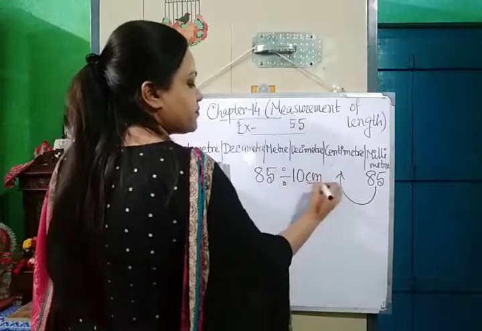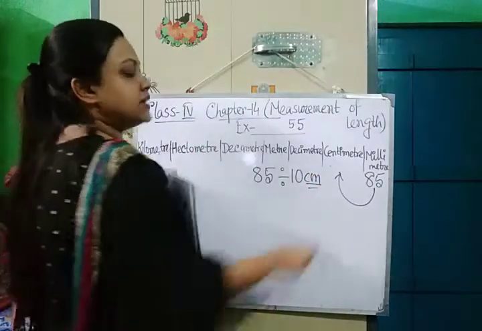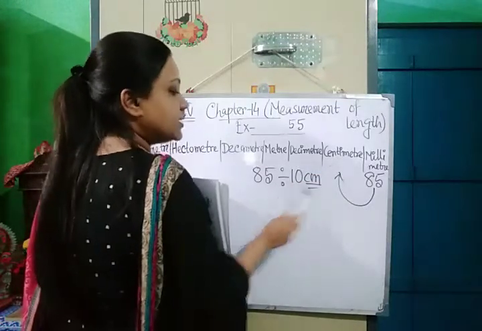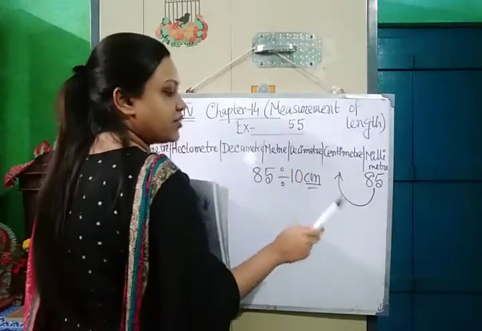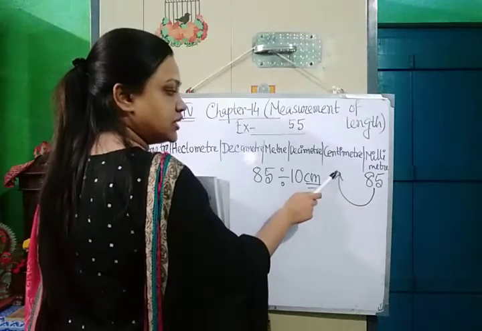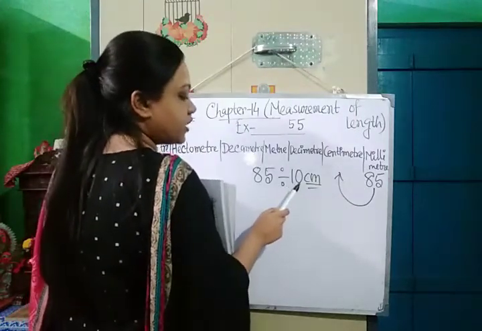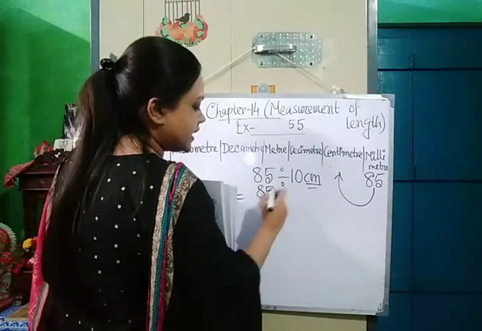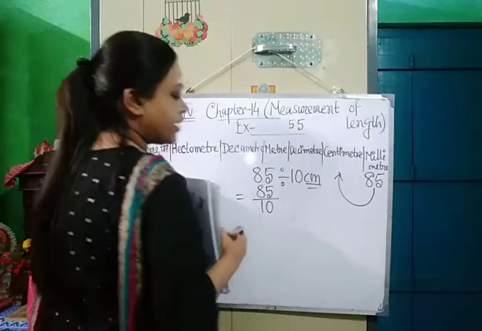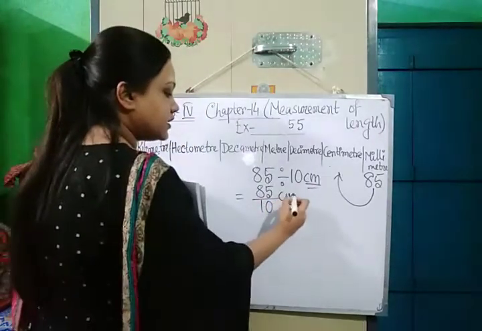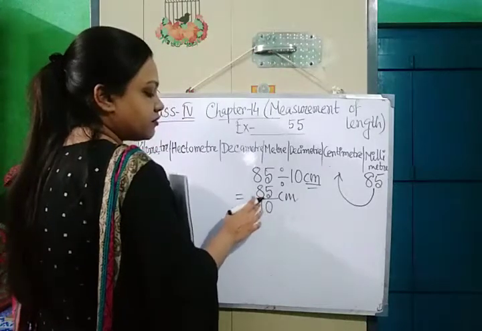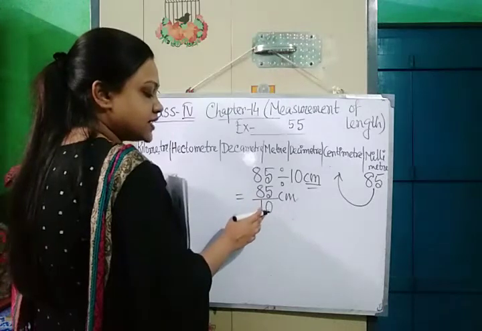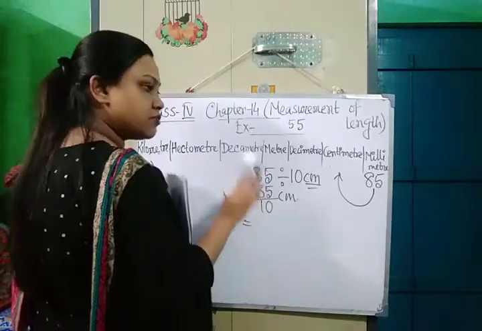It will be centimeter. Okay. So again I am repeating, millimeter to centimeter we are moving to the left. So we are dividing. By which number are we dividing? How many places are we moving to the left? One place. So after 1 we will put only one 0. So you all know it will be written as the fraction 85 divided by 10 centimeter, and the point will move to the left one place.